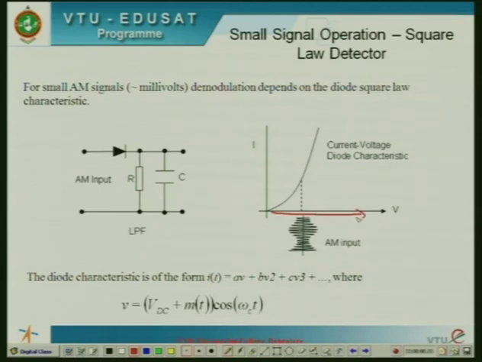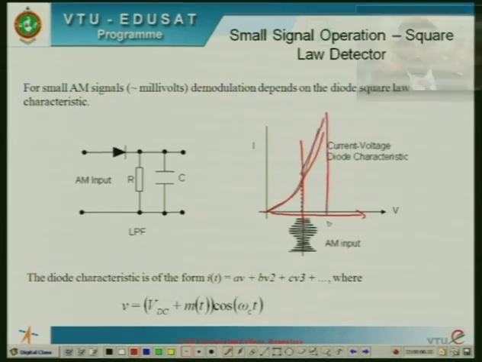As we keep increasing the voltage, we find that the current also increases across the diode. This is the graph that we get. If you look at the graph here, there is a variation between voltage and current.